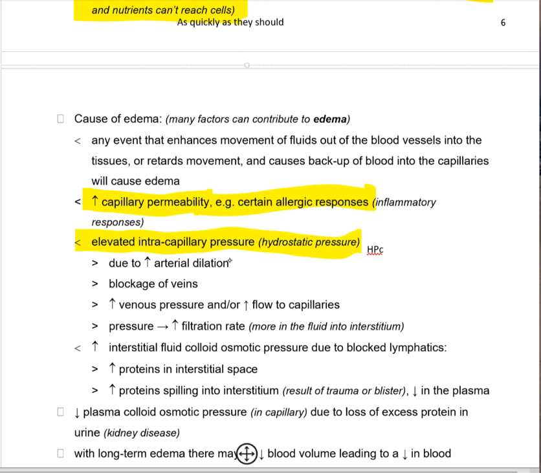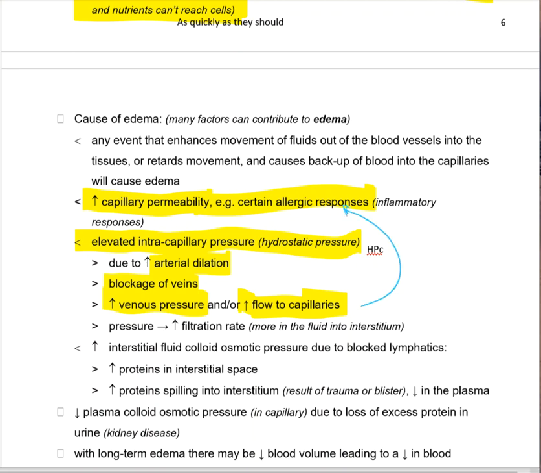That could be due to arterial dilation. That could be due to blocking veins, so water can't flow through, and it starts to build up pressure in the capillary bed. It could be due to increased venous pressure, which makes it harder to push water out of the way, or increased flow to capillaries.